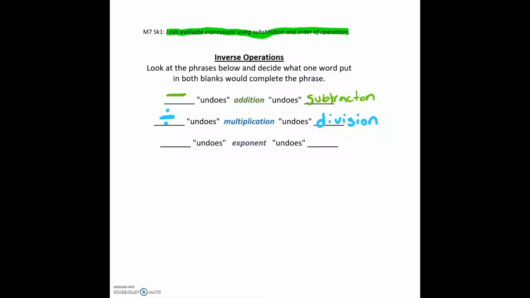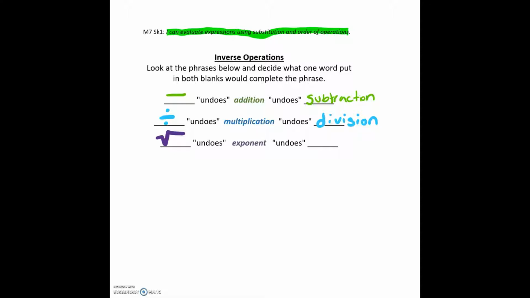All right, here's where we start to get a little bit tricky, I know. Addition, subtraction, division, multiplication, all things we've known for quite a while. But what undoes an exponent? A square root undoes an exponent, or a cube root, or the root of 4, any root. So this is a root symbol.